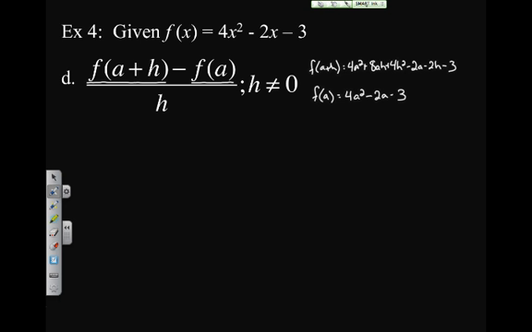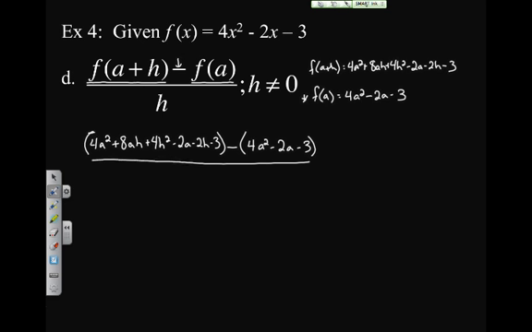So what we're going to do is simply plug those in. So the first one is 4a squared plus 8ah plus 4h squared minus 2a minus 2h minus 3. And then minus, that's right here. Now we're going to subtract f of a, which again, we've got right here. So we're going to subtract 4a squared minus 2a minus 3.